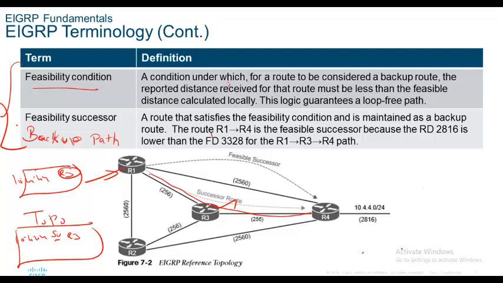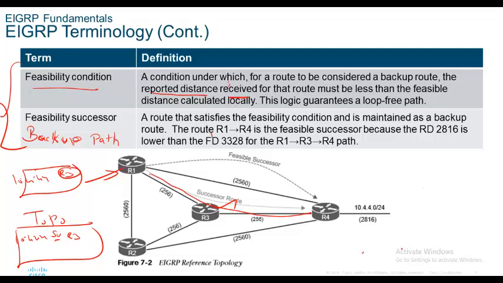So going via router 3, it is 3328. 3328 is what is called the successor value. We saw here the successor route metric, the lowest path metric.